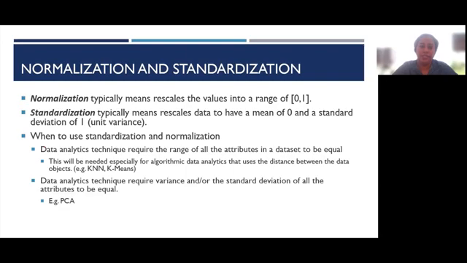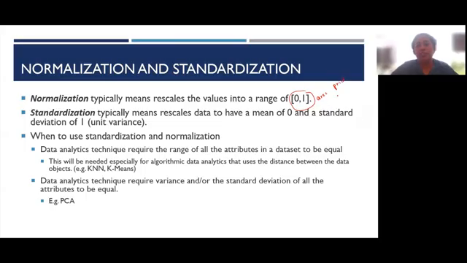Normalization rescales values into the 0 to 1 range. Why would you do that? I will give a different example from the one in the slide. Think about the area of a land and its price.